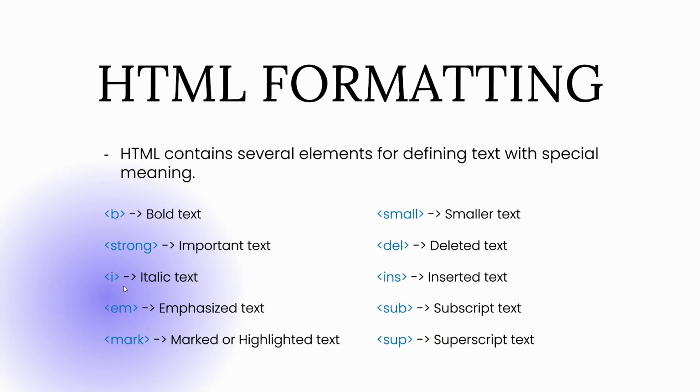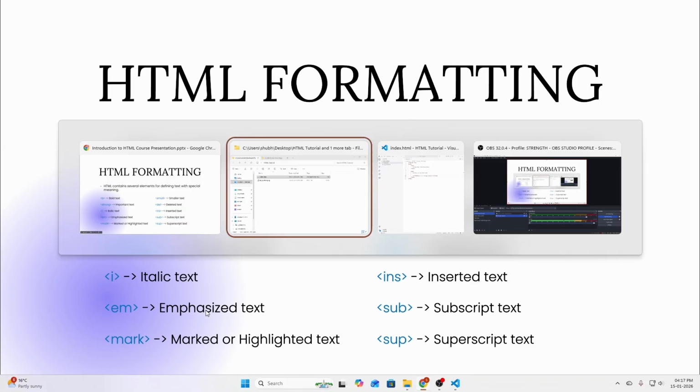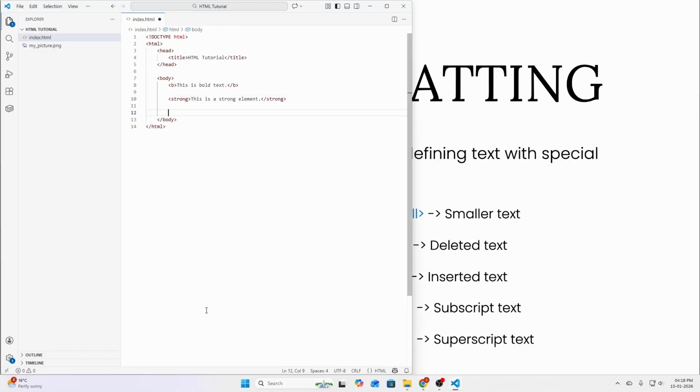Then we have an I element or tag, which stands for italic text, and the EM element or tag, which stands for emphasized text. Let's see an example of this also. Below this let's add an I element that says this is italic text. The I element defines a part of text in an alternate voice or mood, and the content inside is typically displayed in italic.